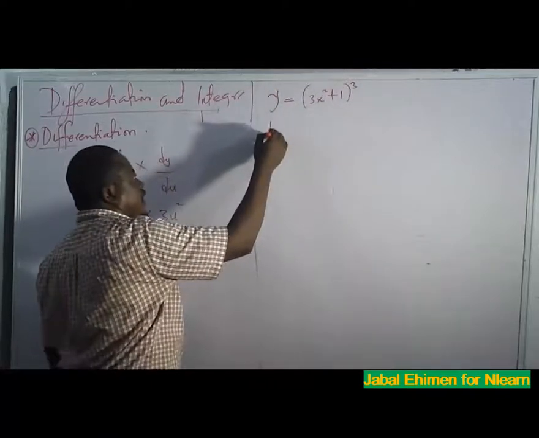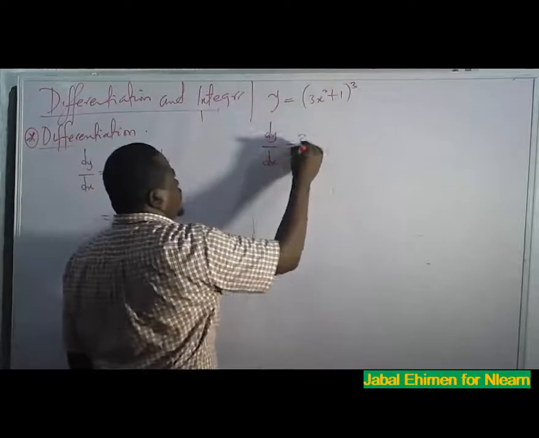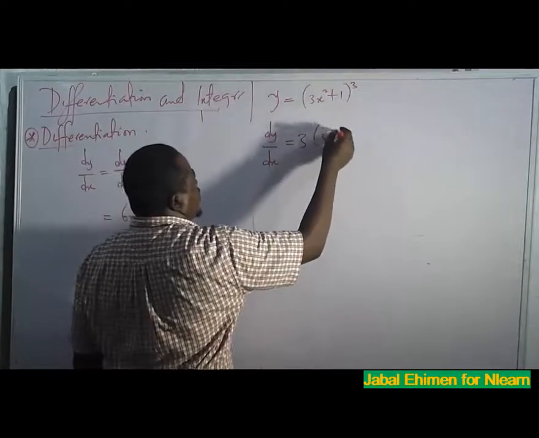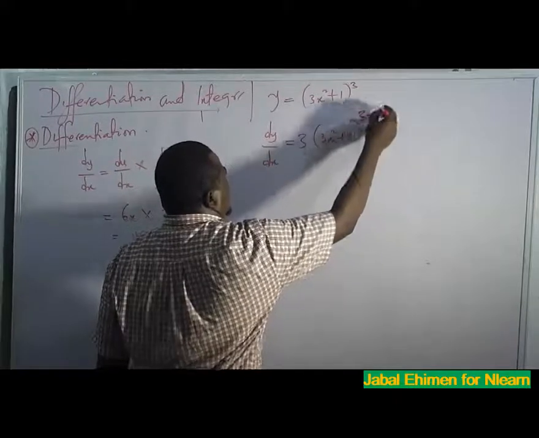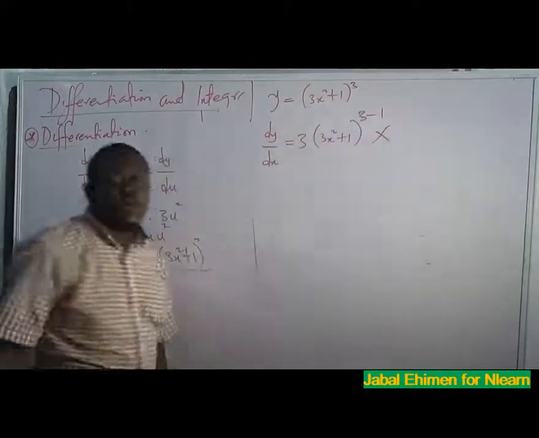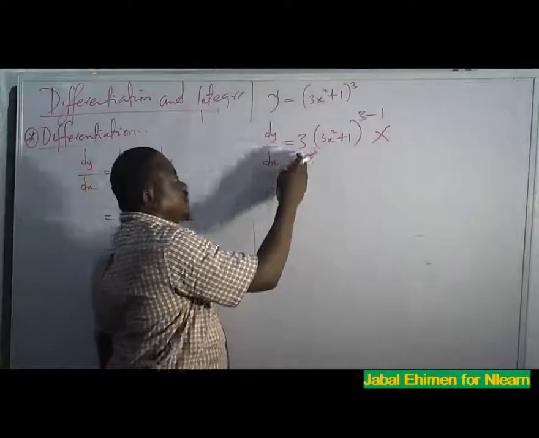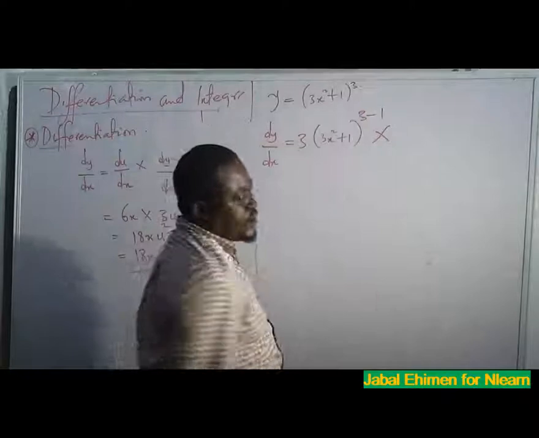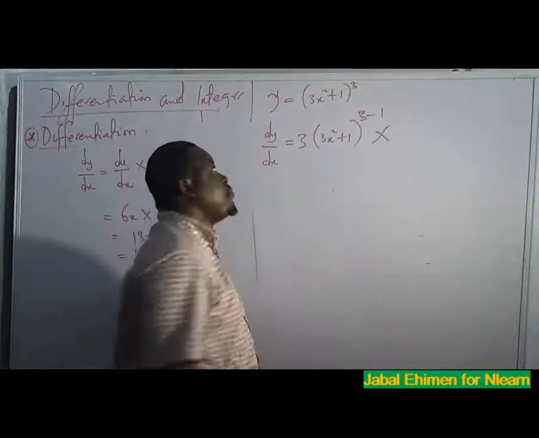What do you do? dy over dx: you take the power across. You have 3, you have 3x squared plus 1, raised to 3 minus 1. Then you have it times. Then when you have the multiplication, what do you do after the multiplication? What you do is simple.